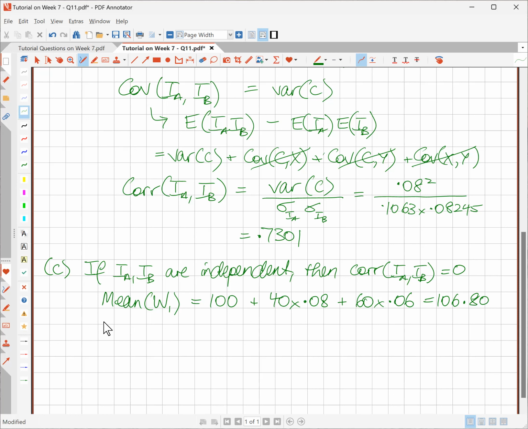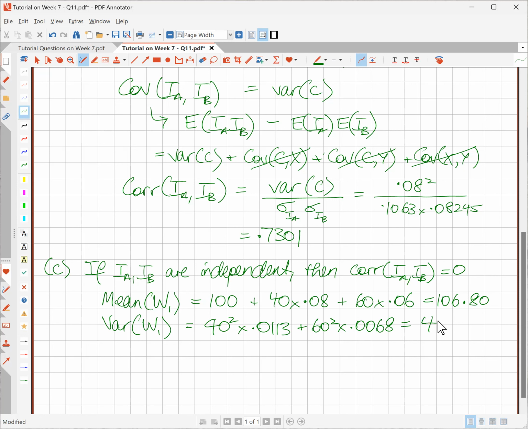Now, in terms of variance for the final wealth, we're going to have 40 squared times the variance for asset A plus 60 squared times the variance for asset B. Oops, and we'll take the square root later.